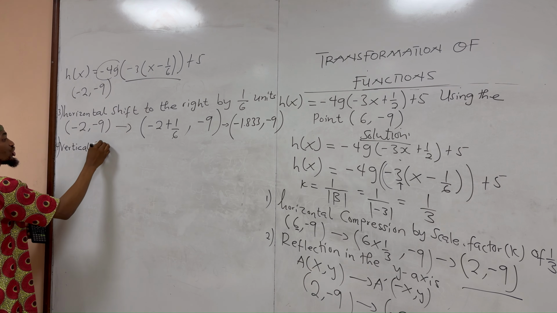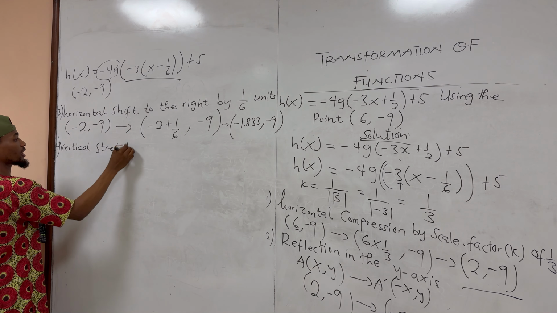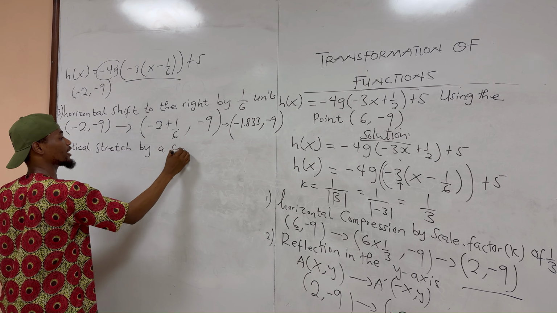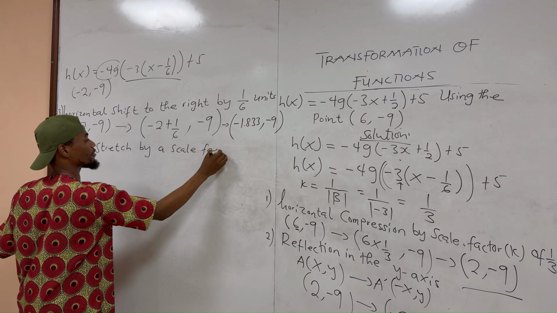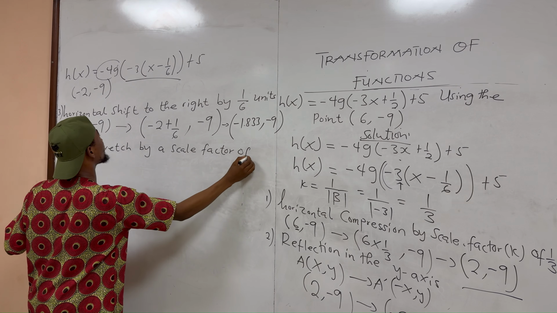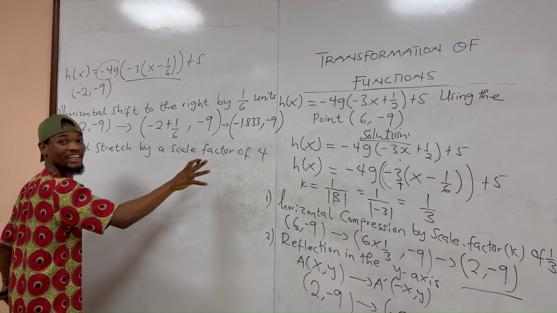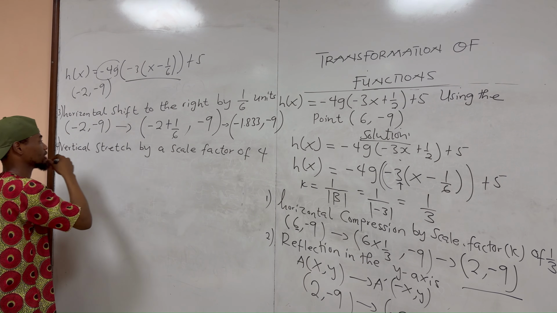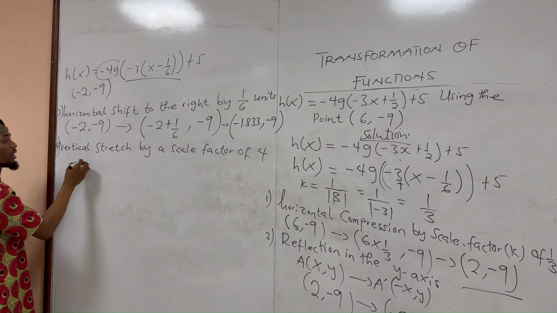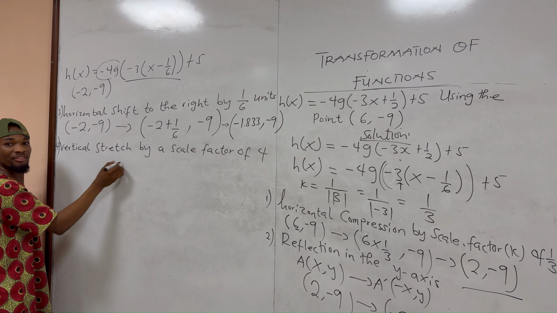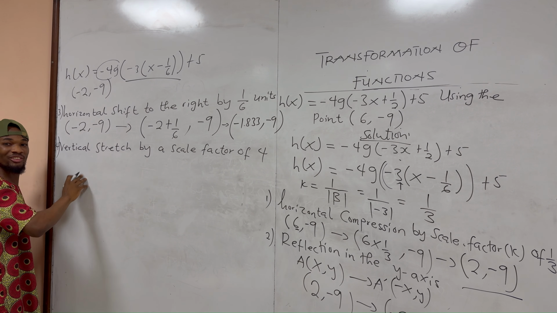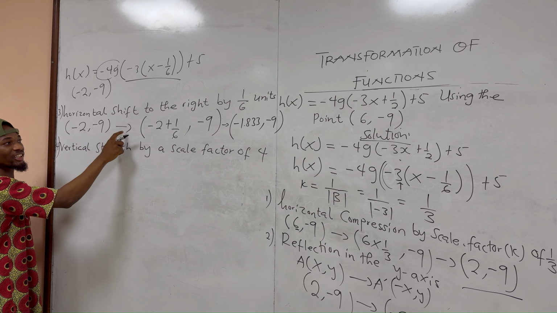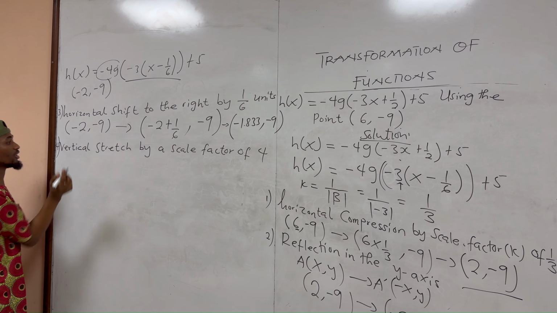The vertical stretch by a scale factor of 4. If you don't consider the negative 4, the absolute value of the negative becomes positive. Whenever you hear vertical stretch, horizontal stretch, or vertical compression, you do multiplication, you don't add. Unlike this, where you have to add or subtract.